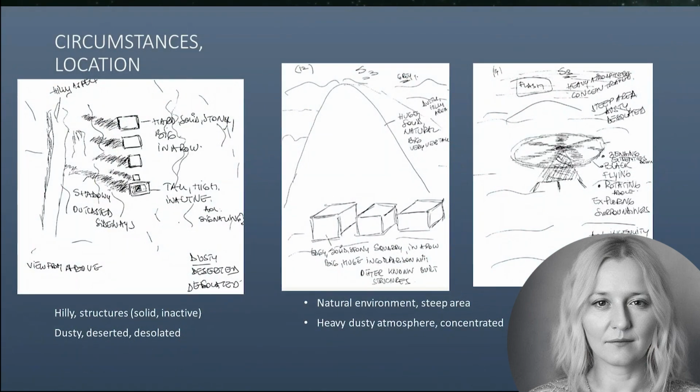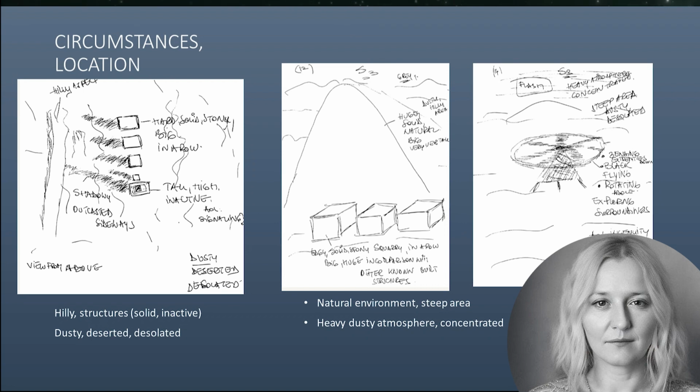And then also drawings. On first draw, which was a view above over the area, I've seen hilly structure with solid structure which were inactive, a dusty, deserted, desolated location with natural environment in a steep area with a heavy dust atmosphere which was concentrated.